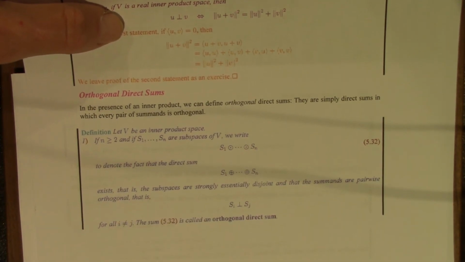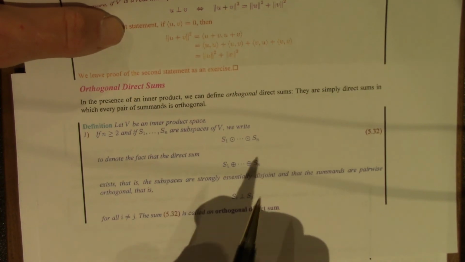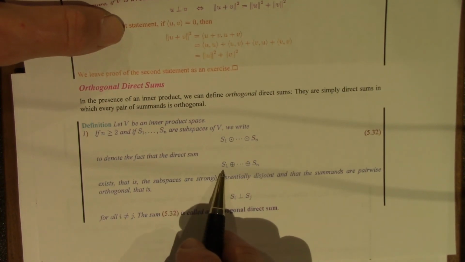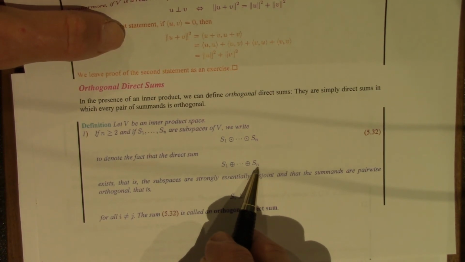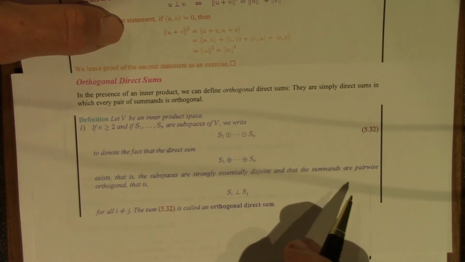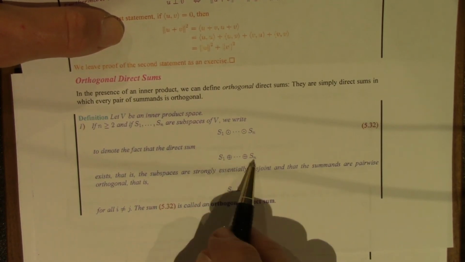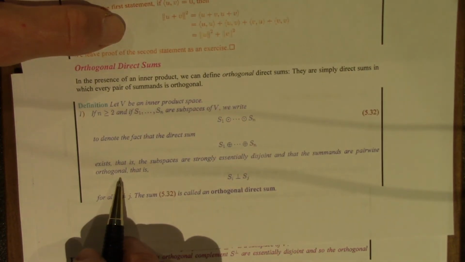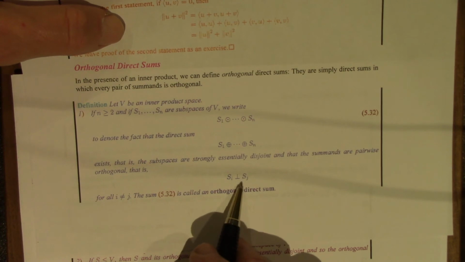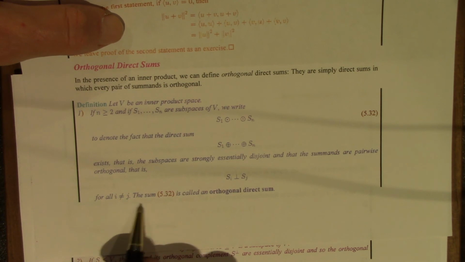And you remember that that is equivalent to saying that the subspaces S1 through Sn are strongly, essentially disjoint. And so the sum, which always exists, is actually a direct sum, and the summands are pairwise orthogonal. So Si is orthogonal to Sj for i different from j.